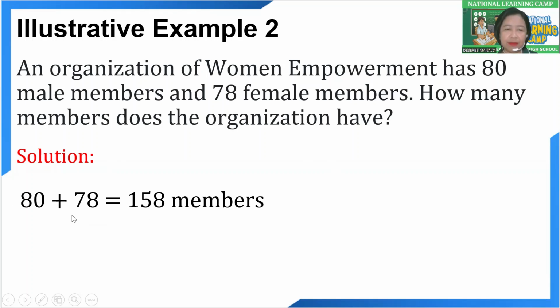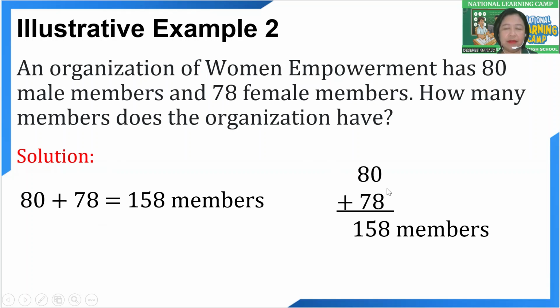You can add the numbers in horizontal form like this, and the other one in vertical form. In adding in vertical form, make sure that all the digits are aligned. You start from the right, so 0 plus 8 is 8, and 8 plus 7 is 15. Therefore, the answer is 158 members.